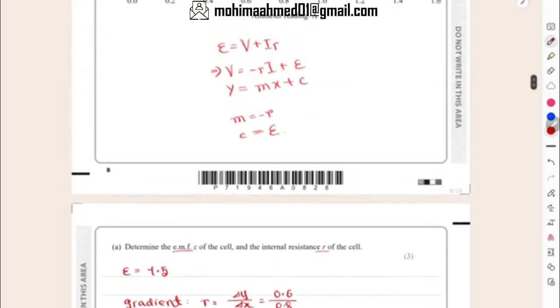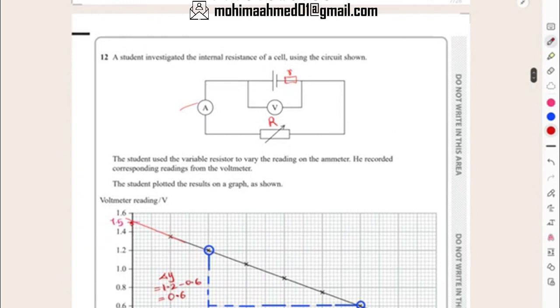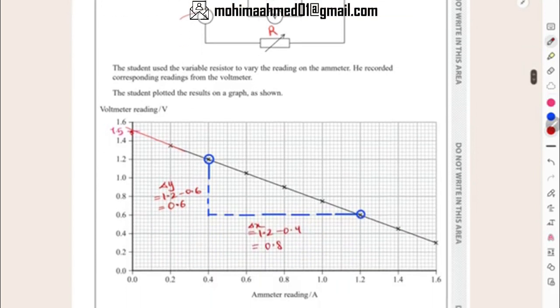If I go back to this original circuit, for one cell you have one internal resistance, but when you have two cells, you get two internal resistances, right? So your gradient, because obviously this graph gives you the value for your internal resistance, right?